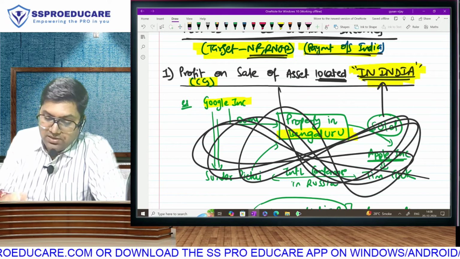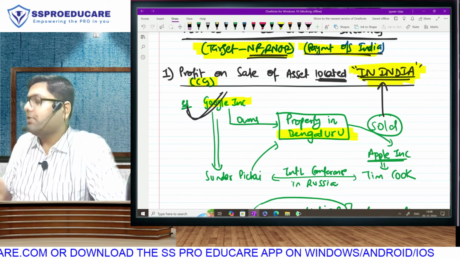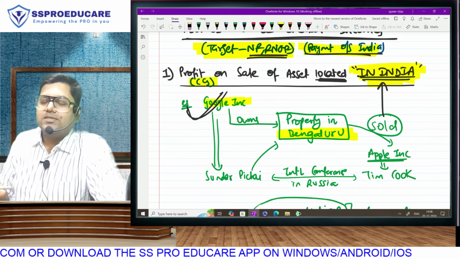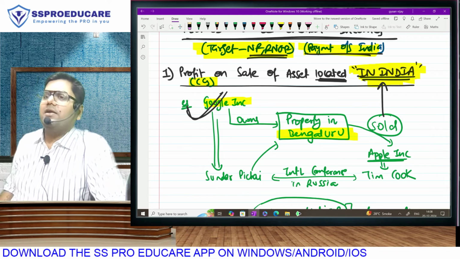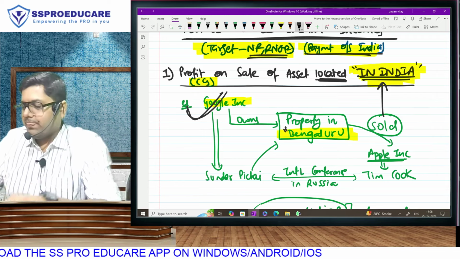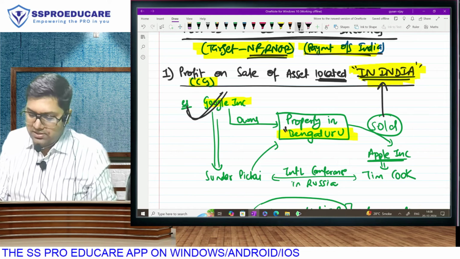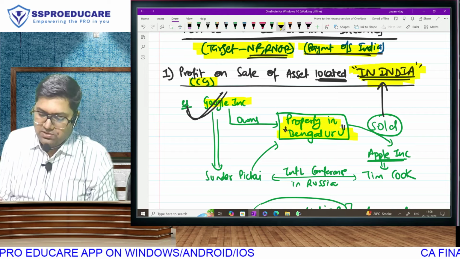But in our example, seller is a non-resident. Agreement took place outside India. Payment took place outside India. Everything happened outside India. But still it is going to be considered as Indian income because the asset is located in India.